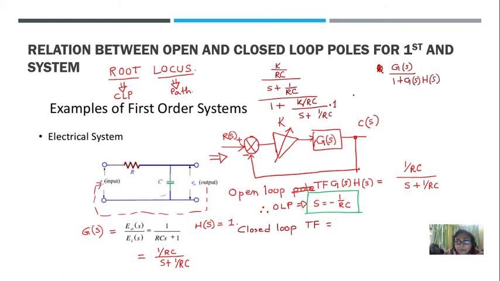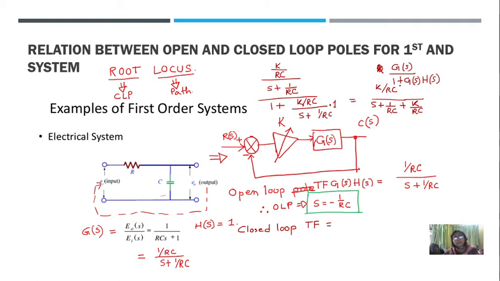So if I simplify this part, it is becoming (K/RC) by (s plus 1/RC plus K/RC).